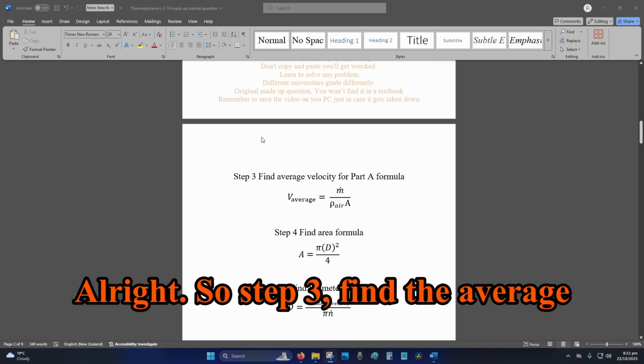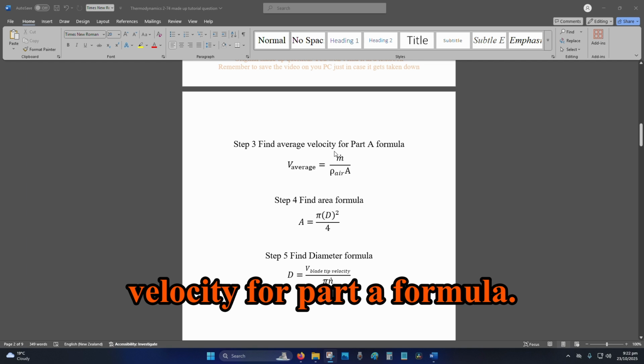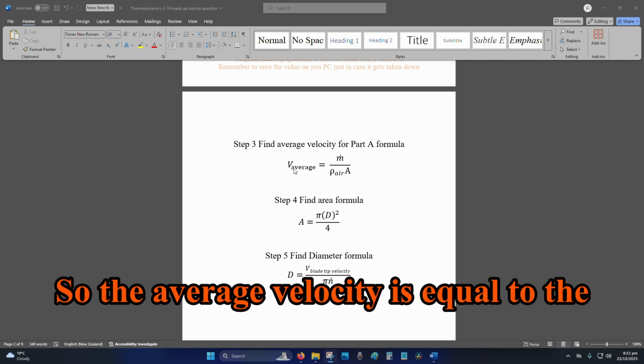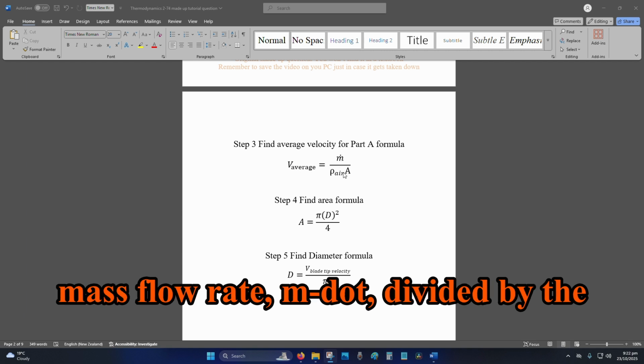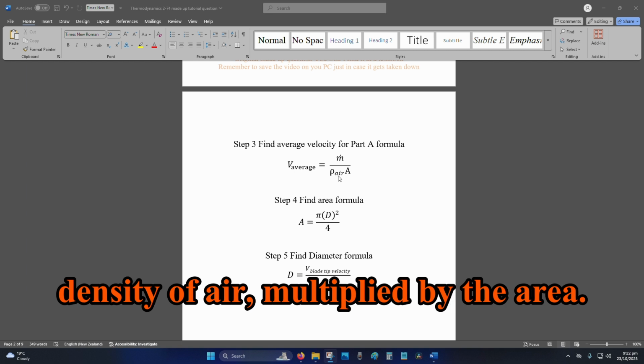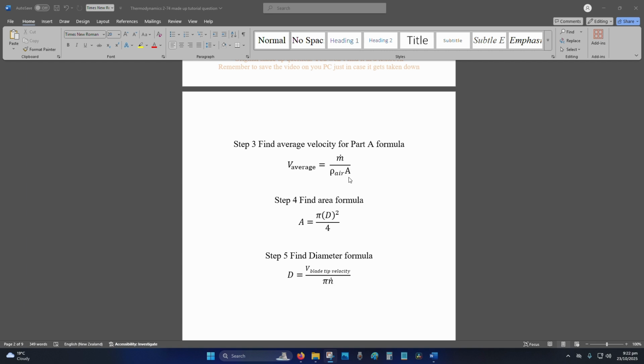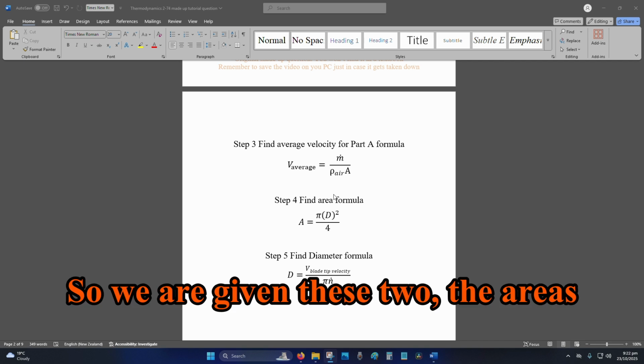Step 3, find the average velocity for part A formula. So the average velocity is equal to the mass flow rate, m dot, divided by the density of air multiplied by the area. We are given these two.